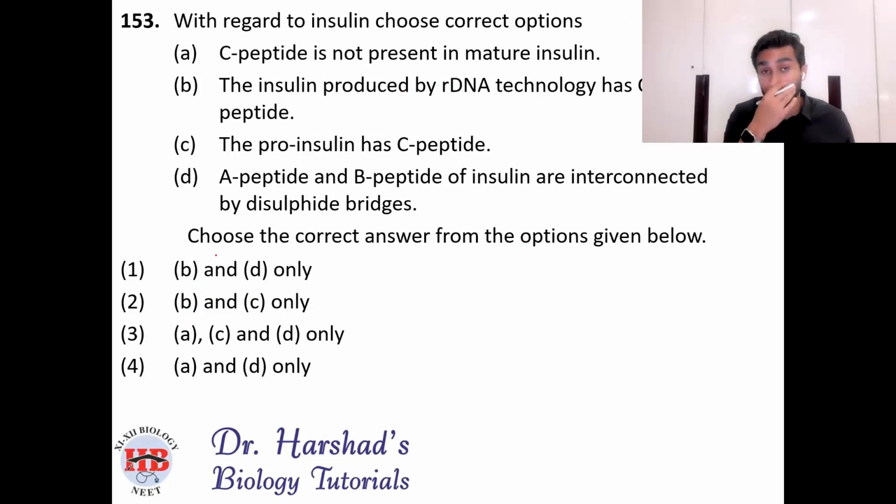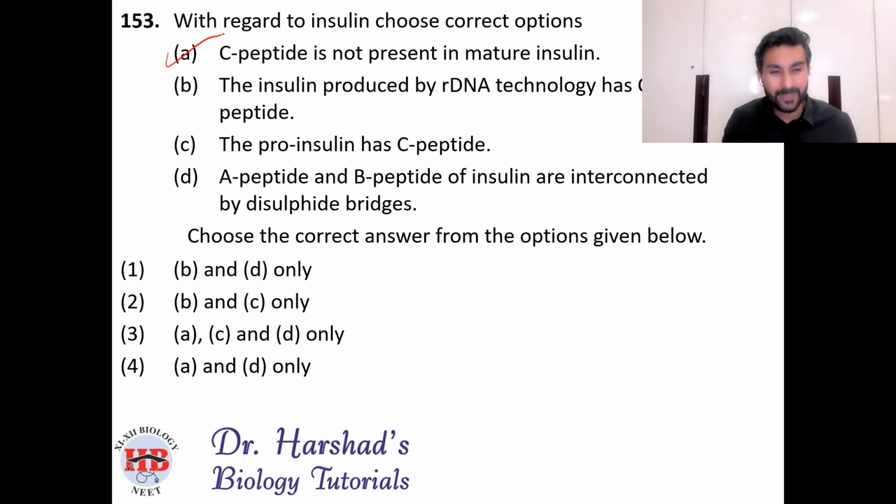This question is about insulin, which is again a question on biotechnology applications. If you remember, the original inactive insulin, which is called prohormone, has A, B, and C peptides, out of which if you remove the C peptide, you get the mature insulin. Now, the first statement says C peptide is not present in the mature insulin. That's correct, because mature insulin has only A and B peptides.